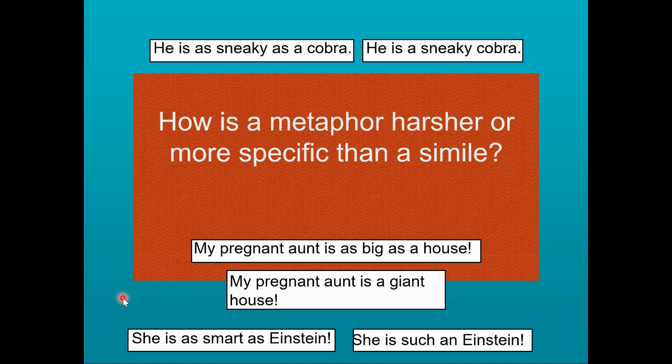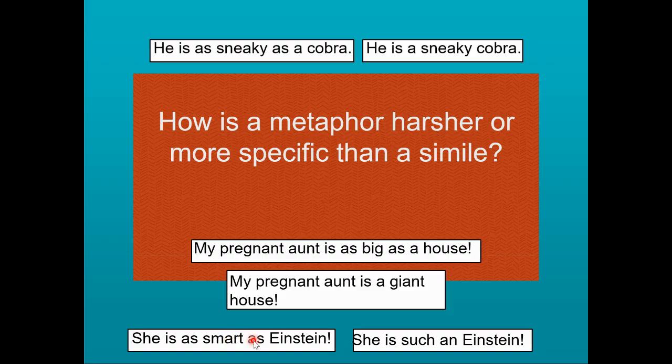Doesn't always have to be a bad thing. Look at this one. She is as smart as Einstein. Well, we're saying that Einstein and she are similar in terms of how smart they are. But is she really as smart as Einstein? Probably not. But it's a very complimentary way to get the reader to understand that this is a smart chick, right?